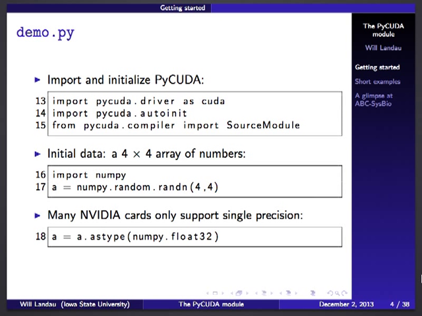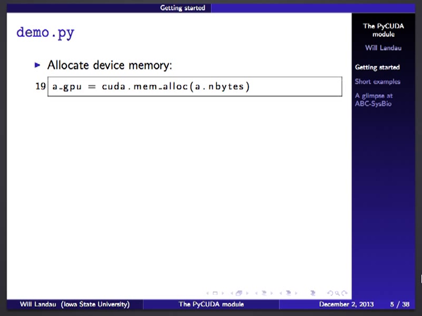So, allocating device memory is easy on PyCUDA. You just use a memalloc function, and you give it the number of bytes, and you assign that to some new object. And that object lives on the GPU. What you're working with in Python is a pointer to that.